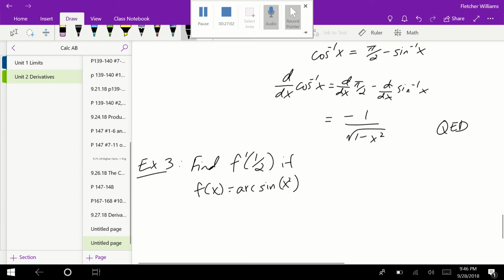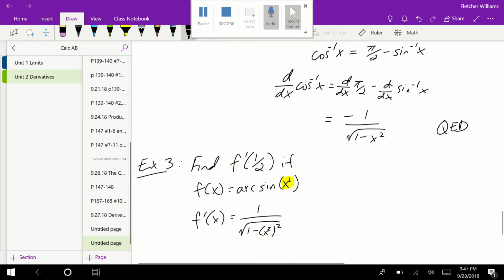So if you haven't seen it before, arc sine is just a different way of writing inverse sine. Okay, so when we find our derivative, we're going to have to use the chain rule. Derivative of arc sine is just 1 over root 1 minus x squared. But instead of x, the input to arc sine is x squared. So it's got to be x squared squared.